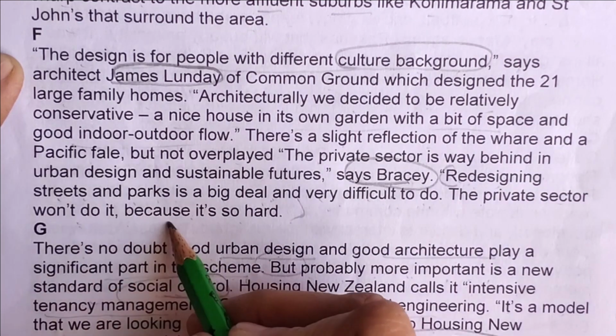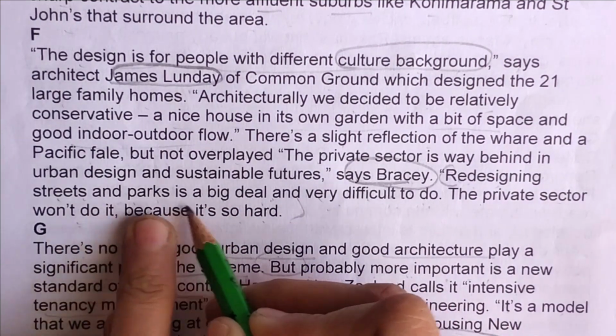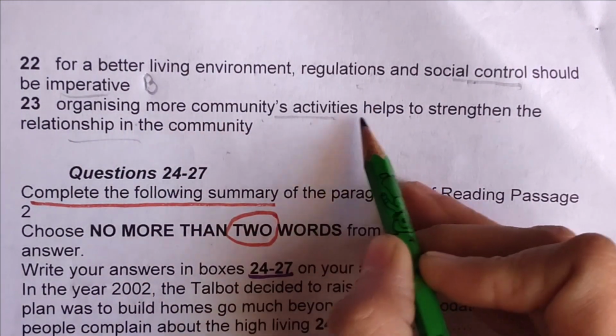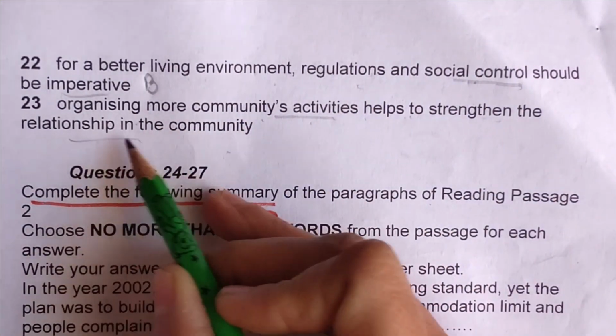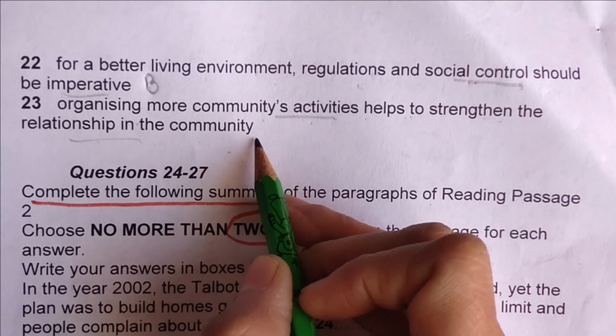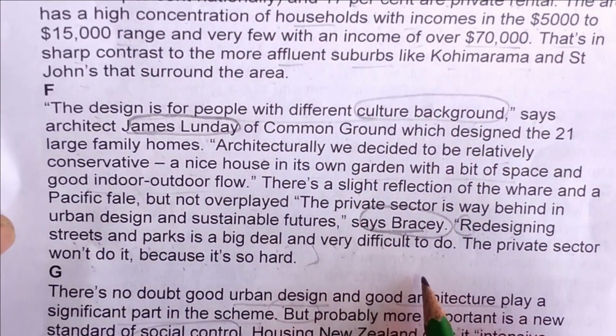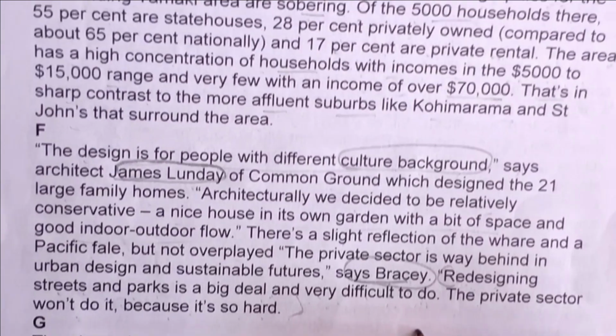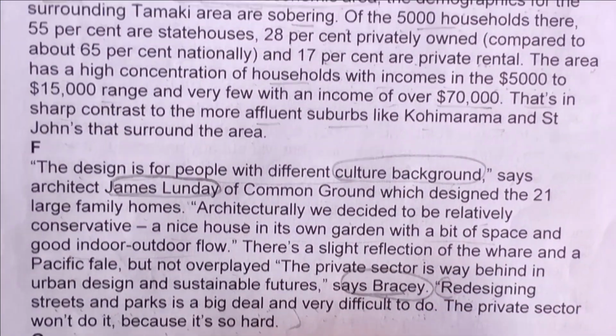The private sector won't do it. So streets and parks, okay. Organizing more community activities helps to strengthen the relationship in the community. Streets is a big deal, very difficult to do. So Bracy, I think, is also somewhere else.